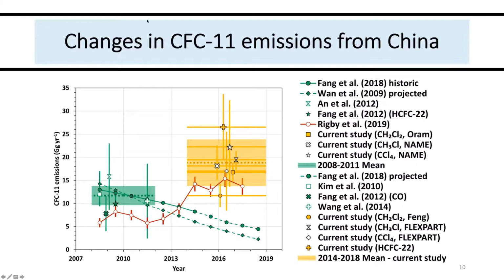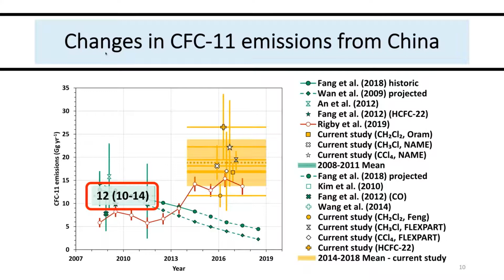So each marker on this graph is a different emission estimate, and the markers in green are emission estimates for the period between 2008 and 2011. And when we combined these together, we got an estimate of about 12 gigagrams per year.